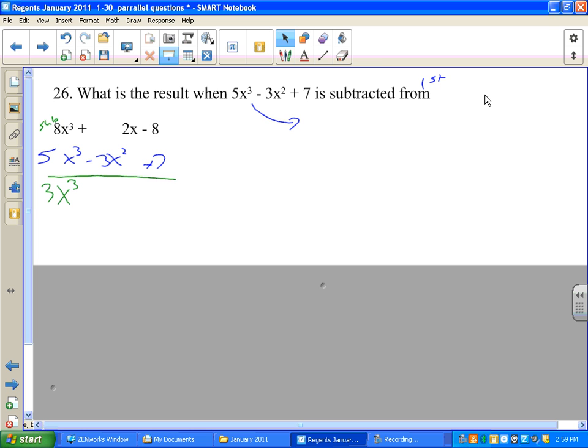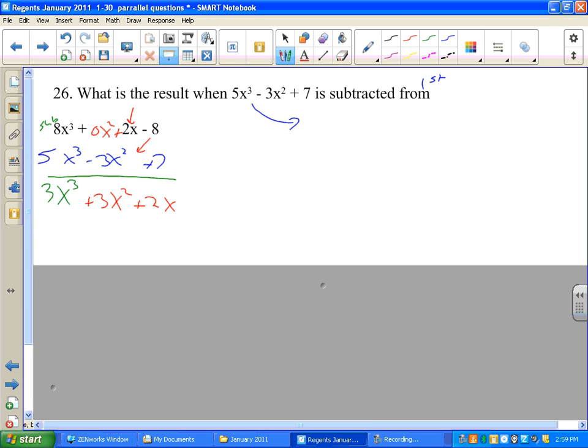So in the expression above, I'm going to have plus 0x squared plus 2x. Now when I have 0 subtract negative 3x squared, that is positive 3x squared. Then my 2x's subtract no x's is still positive 2x. Now negative 8 subtract positive 7 is negative 15.